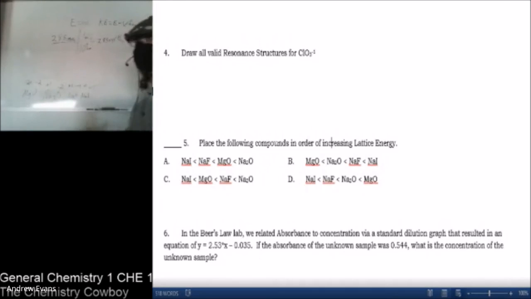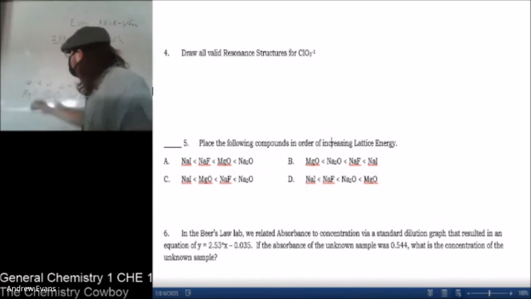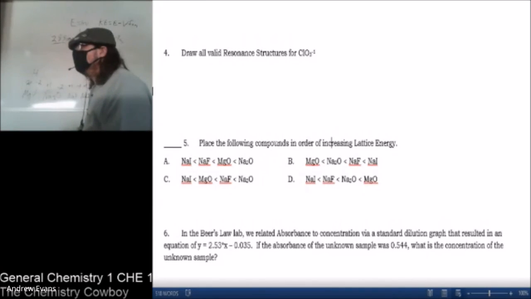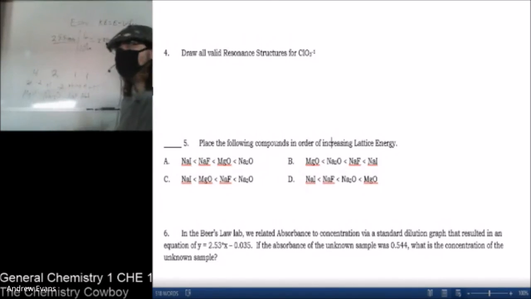So just looking at this, magnesium 2 plus, oxygen 2 minus, the overall charge is 4. Sodium plus 1, oxygen 2 minus, the overall charge is 2. 1, 1. I'm multiplying those two charges together.